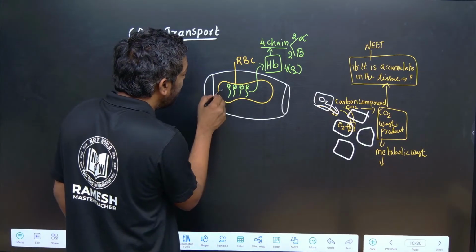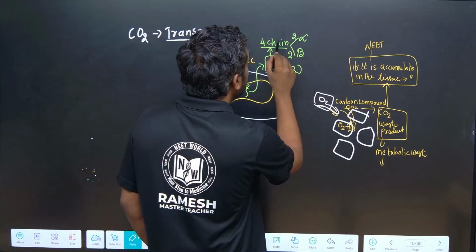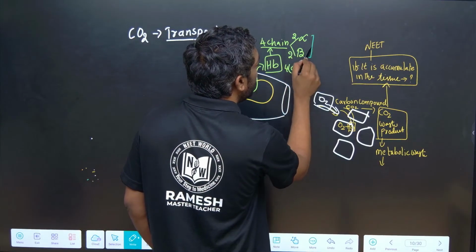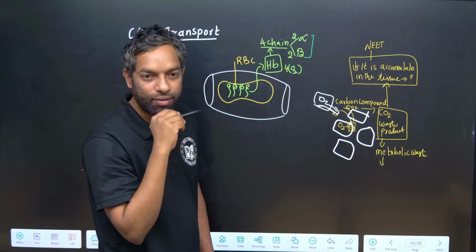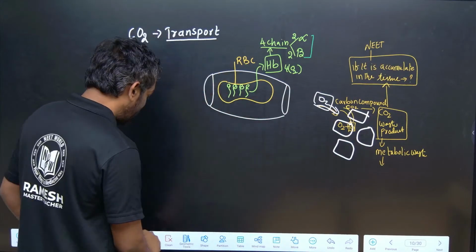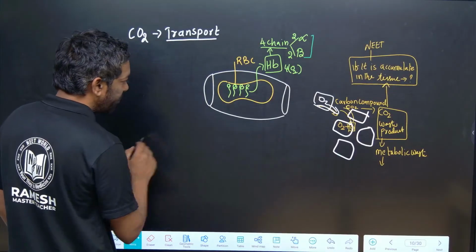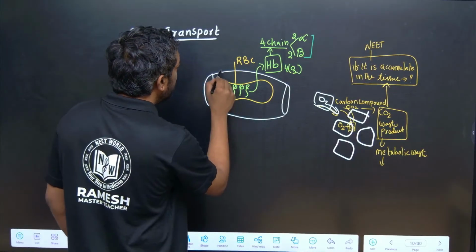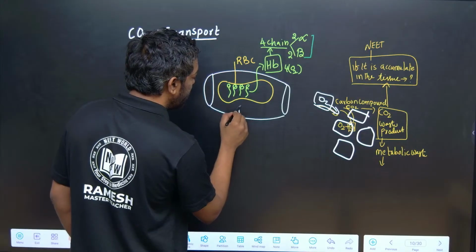So guys, just think, hemoglobin has chains, alpha 2 and beta 2, and there is a structure of the hemoglobin. This is the hemoglobin structure.